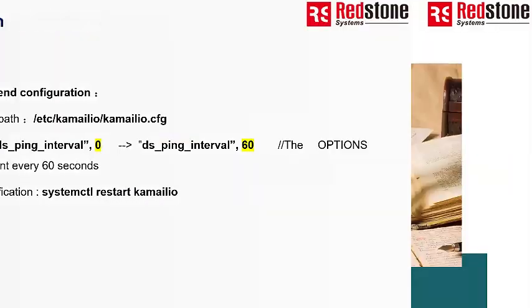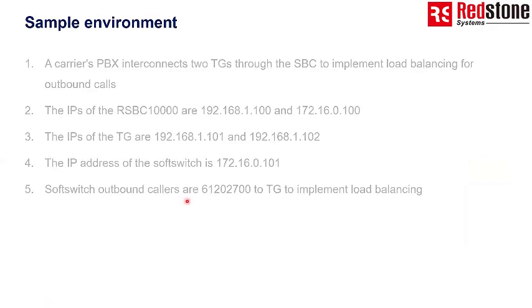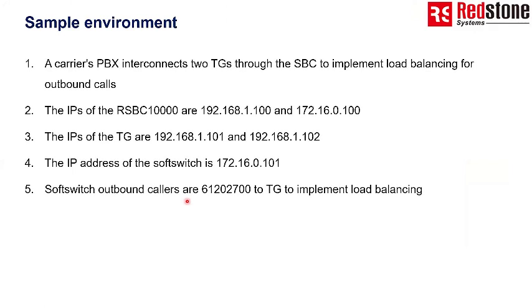Okay. So for the load balancing mode, this is the example environment. There is a carrier PBX that interconnects two trunking gateways. The trunking gateways are connected through the SBC, and it needs to implement the load balancing for outbound calls. So we need to set the IP address of the SBC to 192.168.100 and 172.16.0.100.